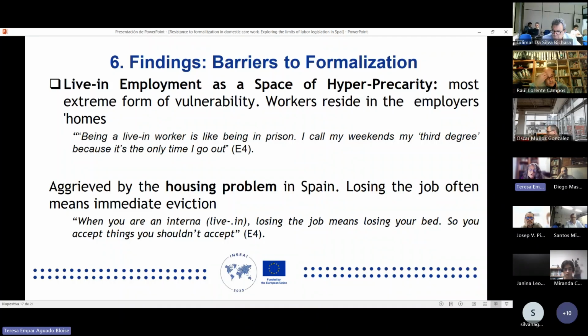As one interviewee noted, there is a long tradition of seeing domestic workers as almost part of the household, not as workers with rights. Workers reject this idea. One woman said, if we were family, they wouldn't fire us overnight.